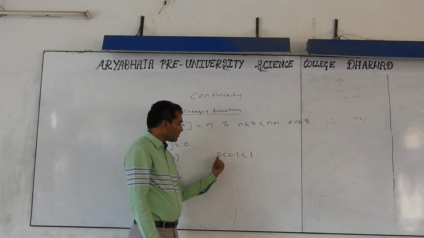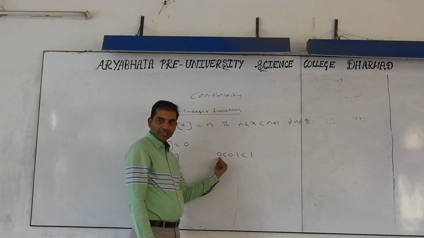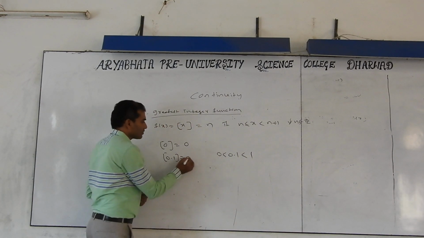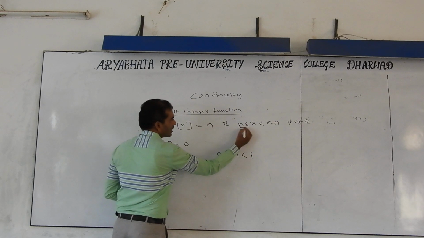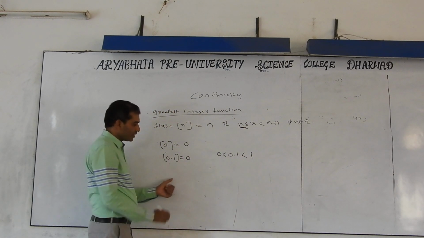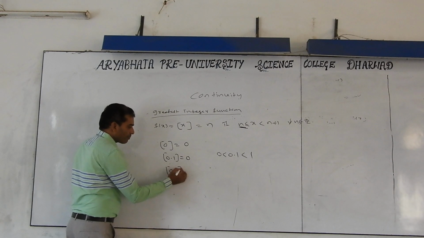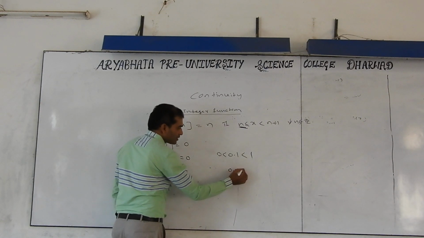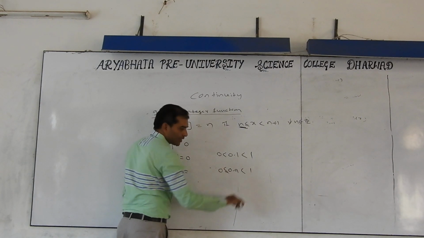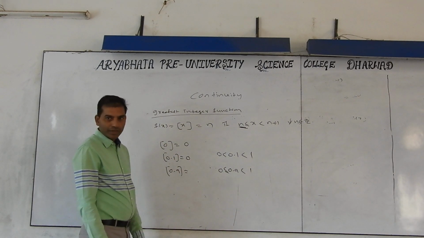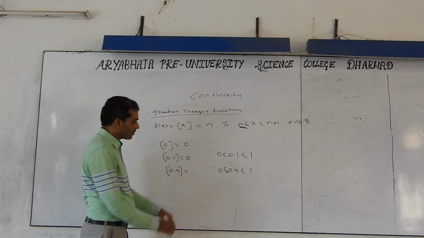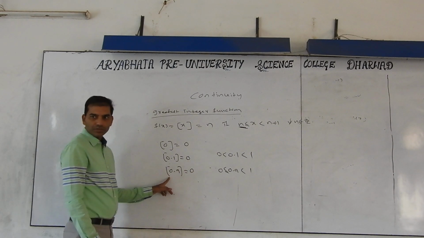So what is the least value here? The least integer is 0. That is equal to this one. N is the least integer. If you take 0.9, step of 0.9, 0.9 lies between 0 and 1. The least integer is 0. So step of 0.9 is 0.